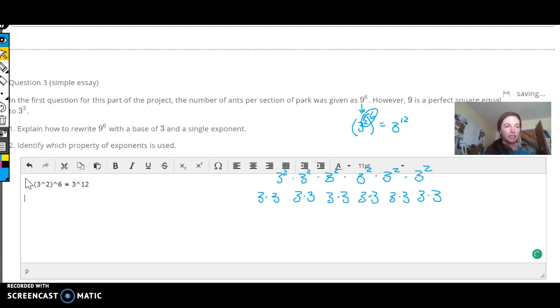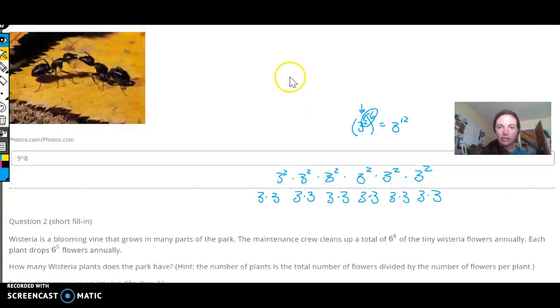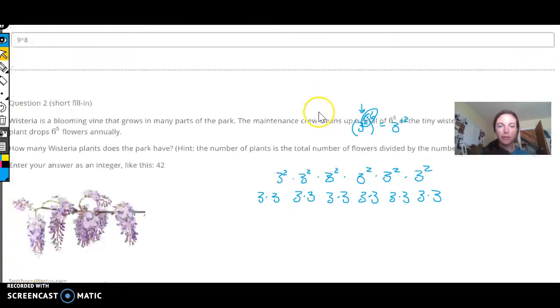And then the second question says, identify which property of exponents is used. So I've said it many times, but just to be clear, this is the power of a power of powers. Let me just make sure that that's the exact term that they're looking for. Power of powers rule.